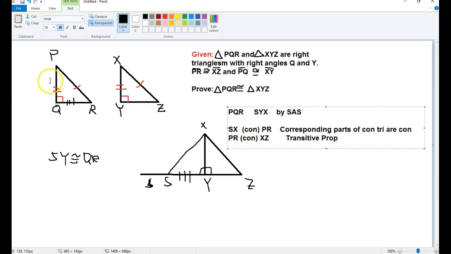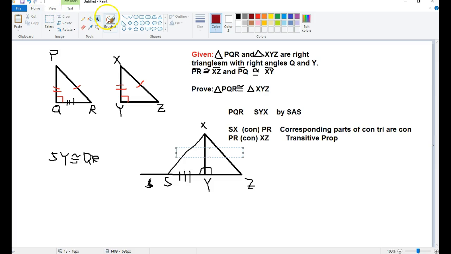We have PR is congruent to SX, XZ is congruent to PR, so XS and XZ are congruent.